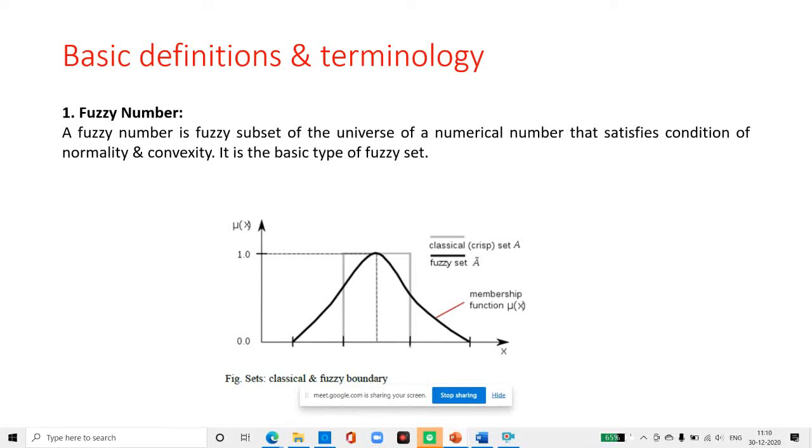So we do not easily find out the exact height of a particular person. We only know the person is tall according to our own estimation, my own belief and my own experience. Or if I ask what the temperature is today, the normal answer people would give is that today is very hot or cool.